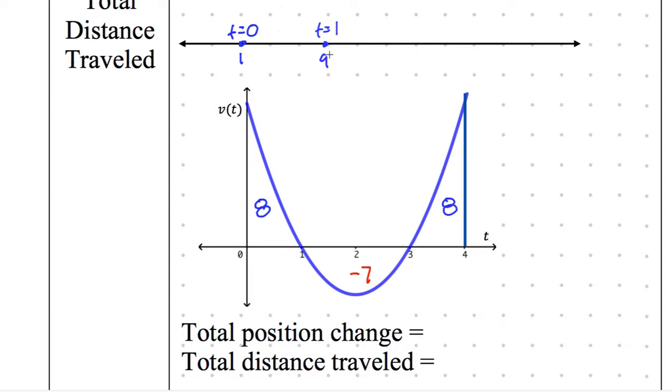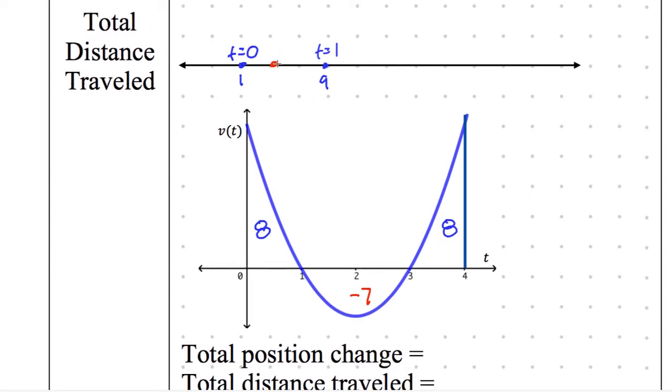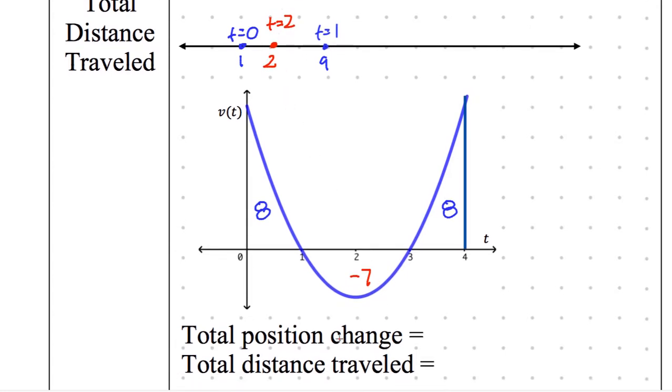All right. And then according to our old information from yesterday, position change now is going to go backwards -7. So we're going to go back 7. We're going to go right here at 2, definitely not drawn to scale, and that's going to be at t equals 2. So in terms of position, you can go backwards, but in terms of distance traveled, it doesn't really matter if I'm going forward or backward.